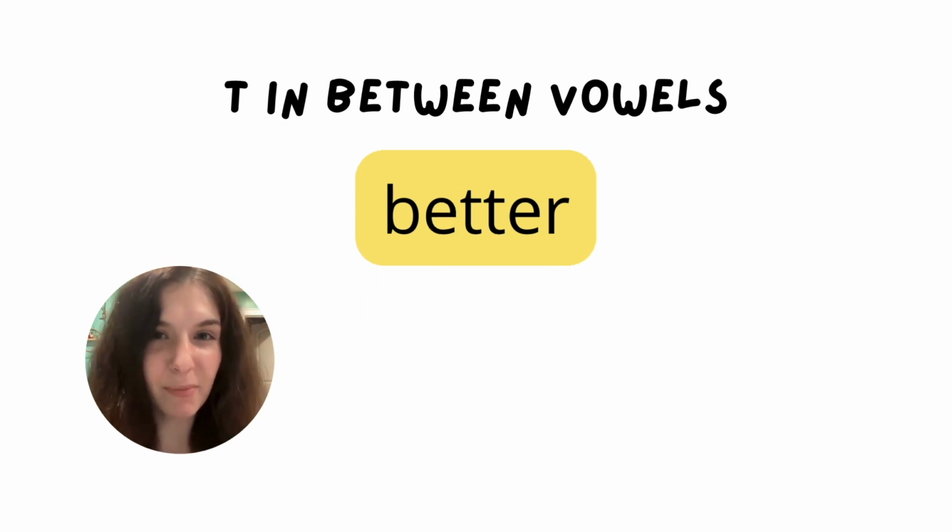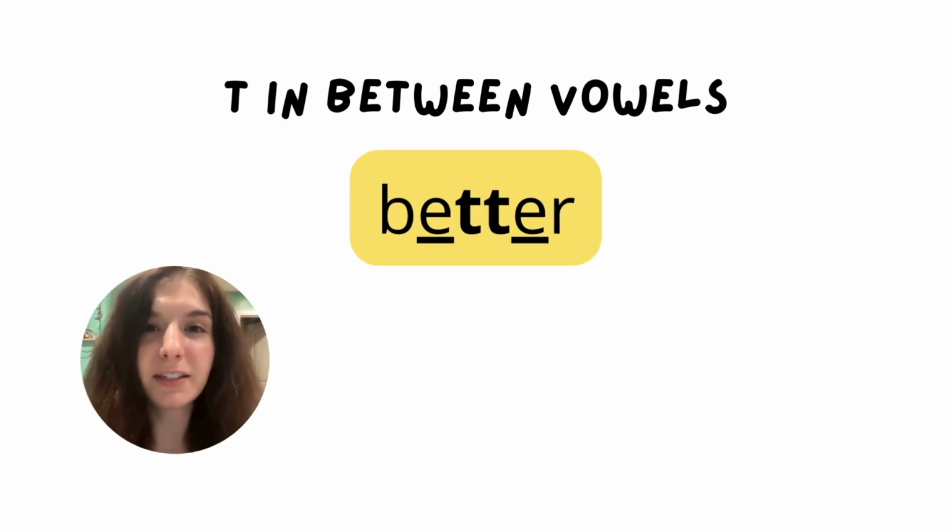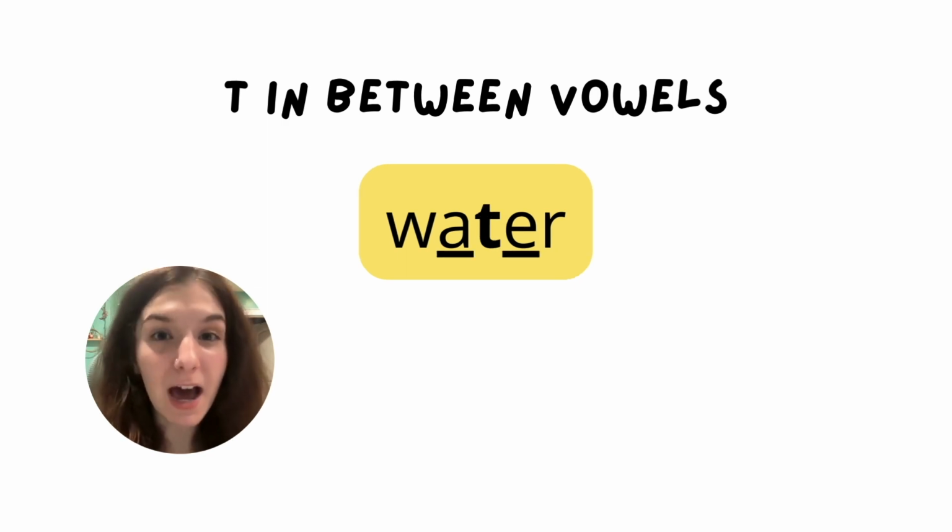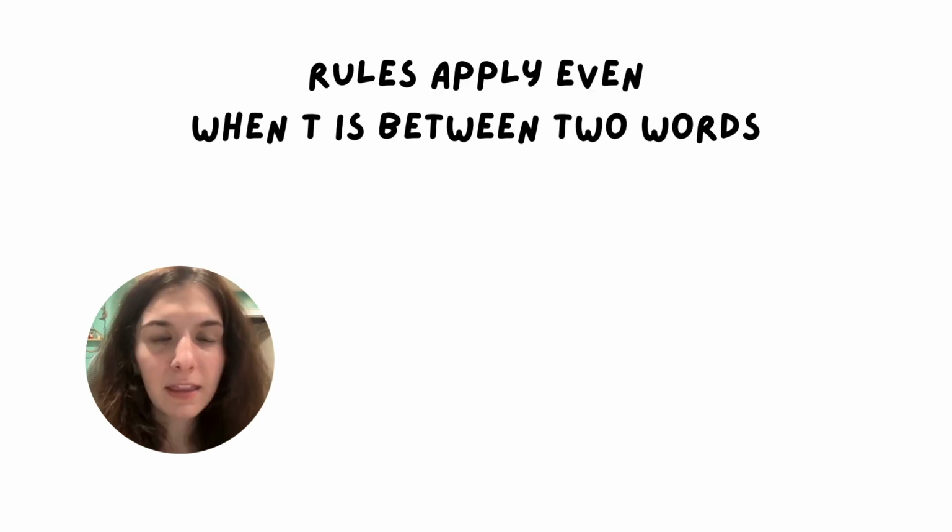How about this word? That's right. It would be better, because just like butter, the T is located in between 2 vowel sounds. And of course, we have this famous word, water. Because this T is between two vowel sounds, I'm going to pronounce it as a quick D sound. Water, water.